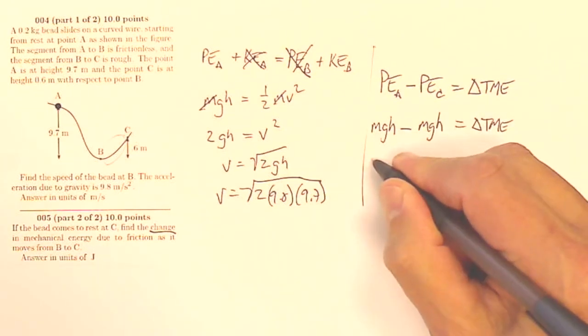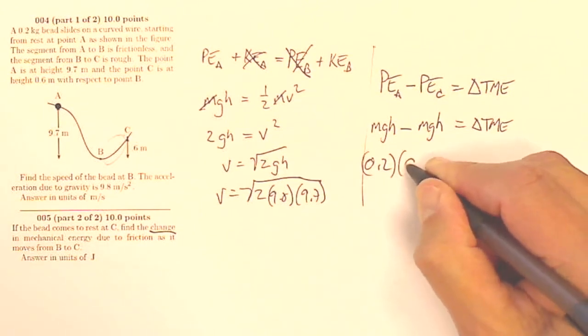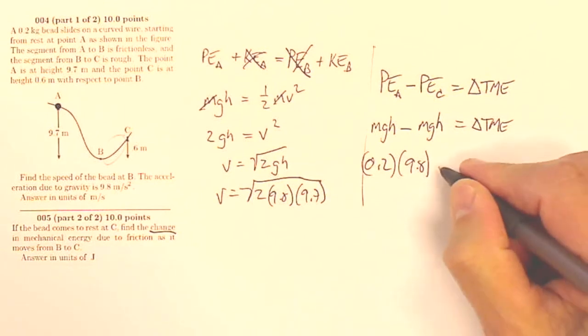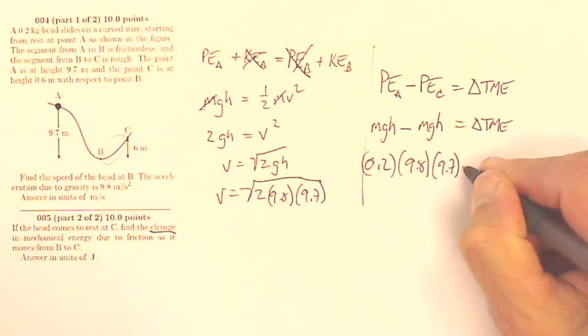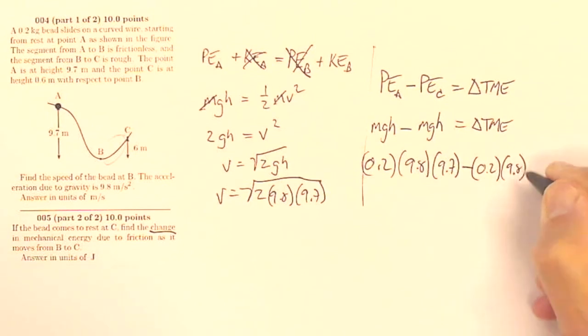So this is going to be the mass of 0.2. I am going to need the mass now. Times gravity of 9.8 times the height of 9.7, minus my 0.2 times 9.8 times my height of 0.6. And that's going to equal my TME change.